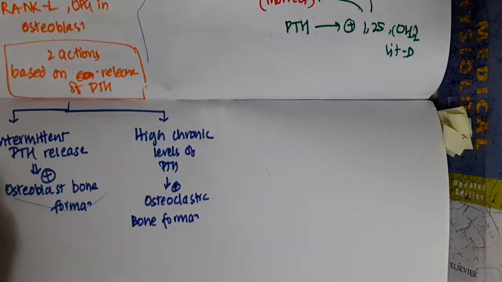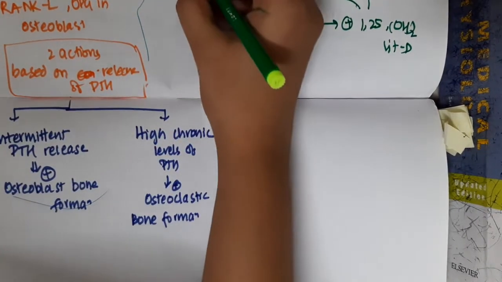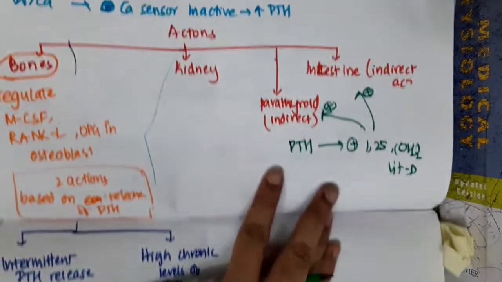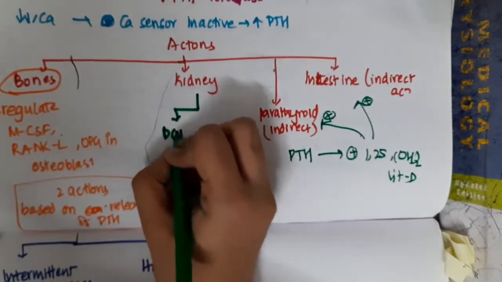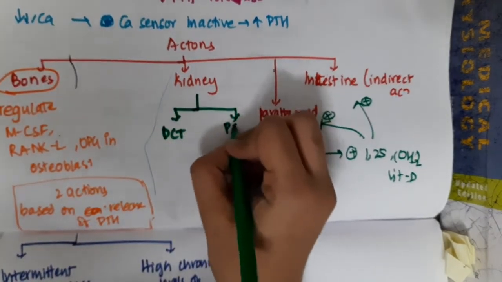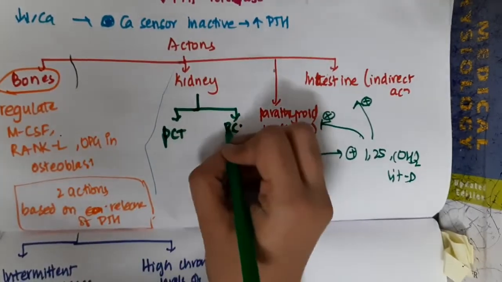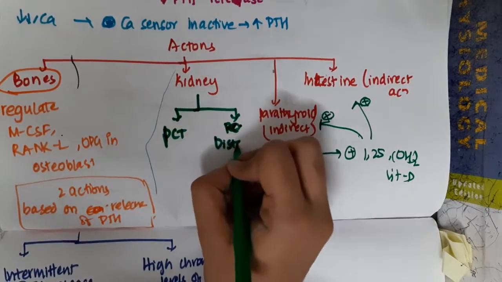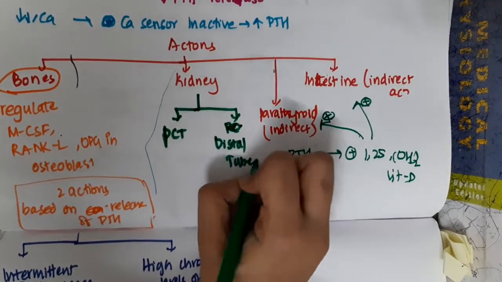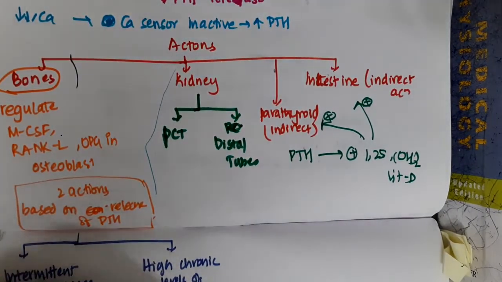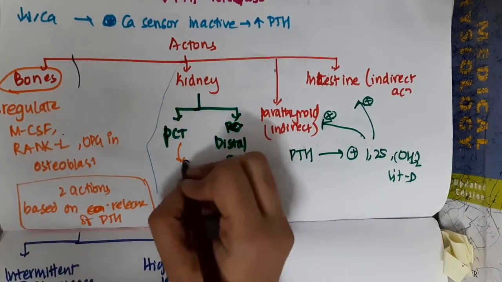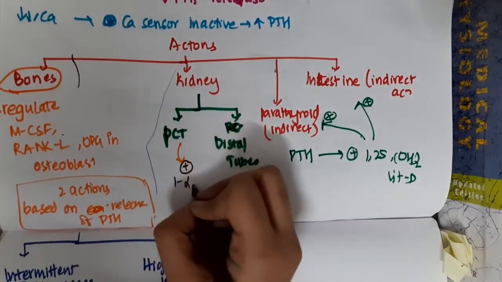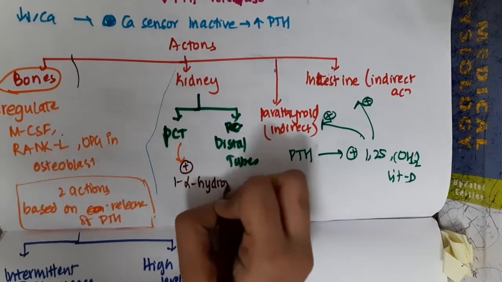Then parathormone actions on the kidney. On the kidney, it acts on both the proximal convoluted tubule, that is the PCT, and the distal tubule. In the proximal convoluted tubule, parathormone will stimulate 1-alpha hydroxylase activity.